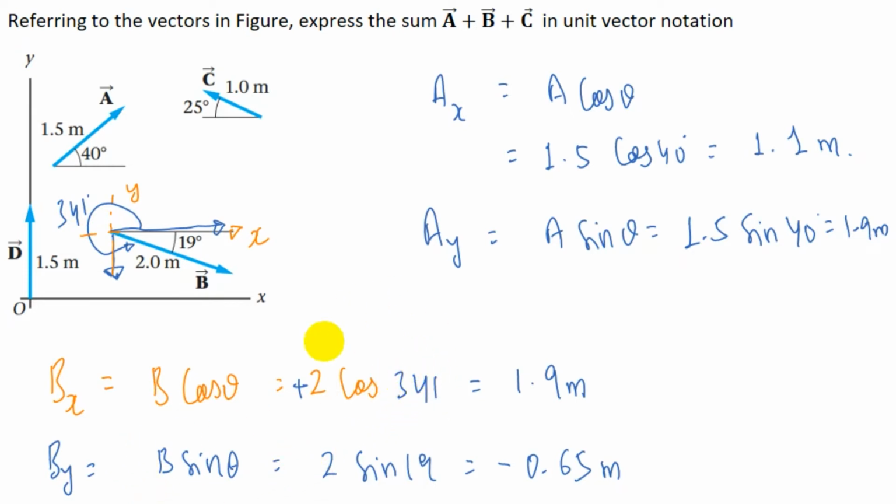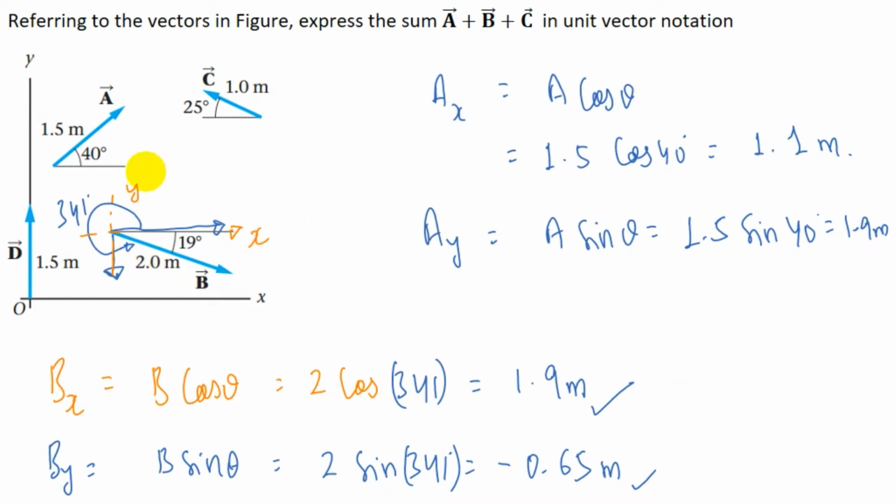Because you are measuring the angle from the positive x, you will automatically get BX positive and BY negative. So these are the two methods you can apply, and both are correct.